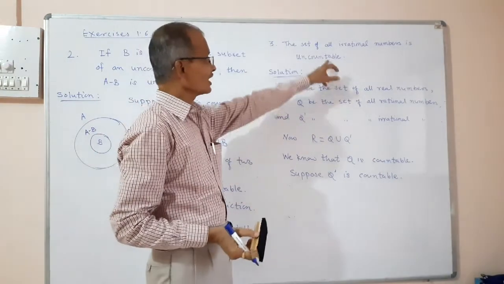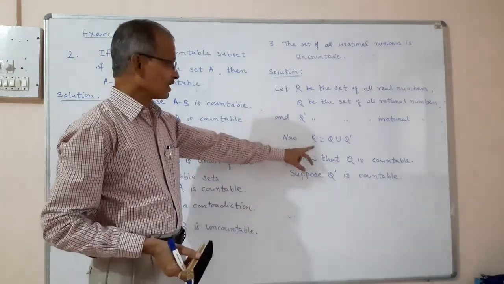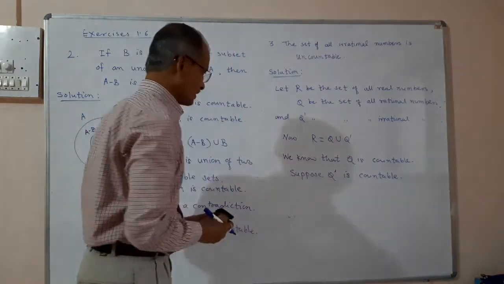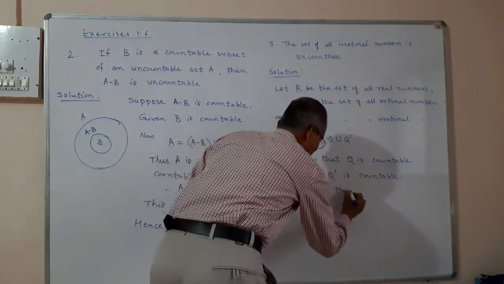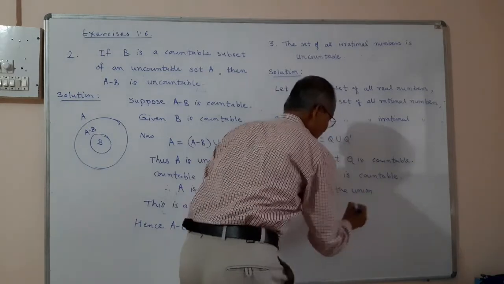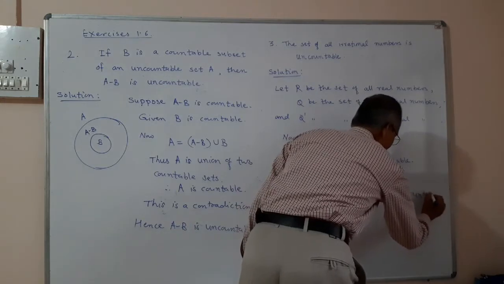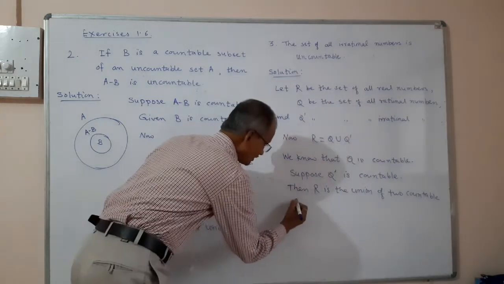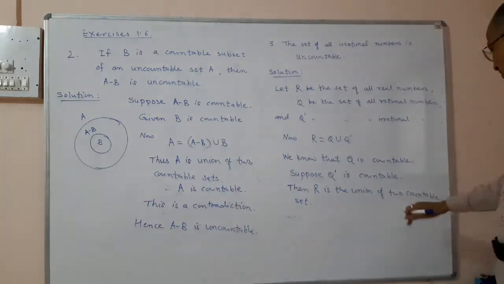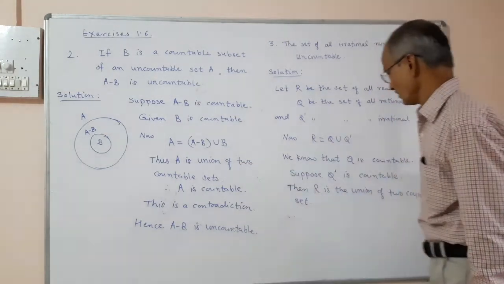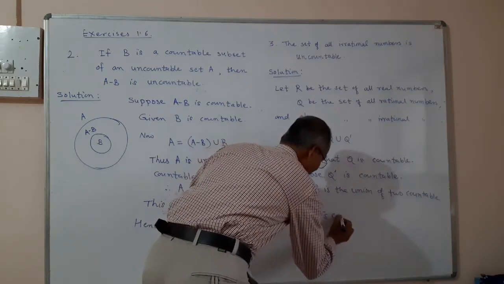Actually, we have proved Q dash is uncountable; we suppose the contrary, Q dash is countable. Then R becomes the union of two countable sets, and therefore R is countable because the union of two countable sets is countable.